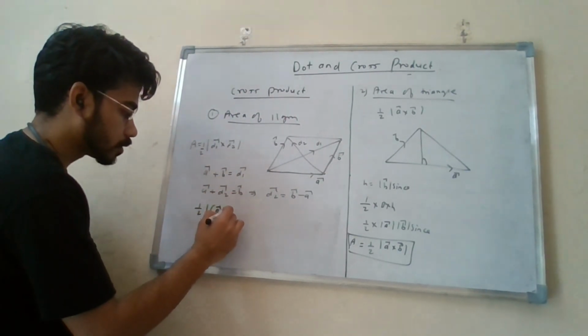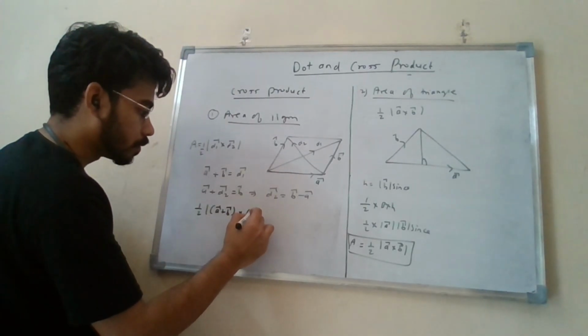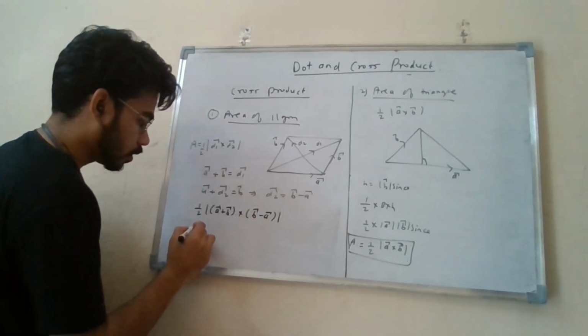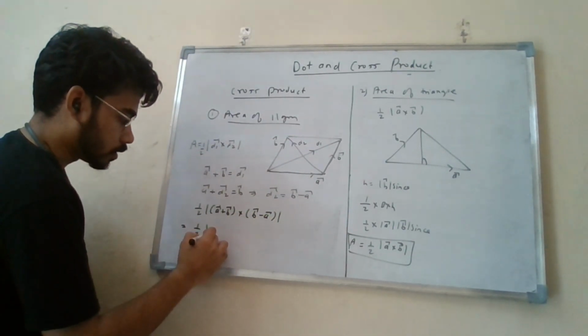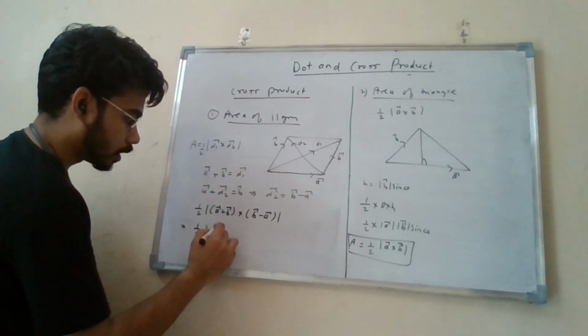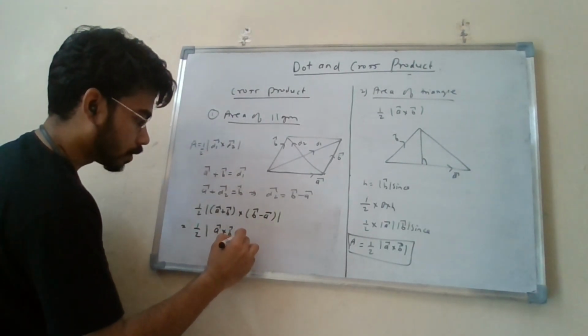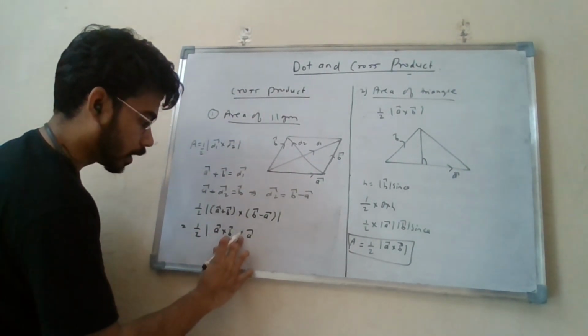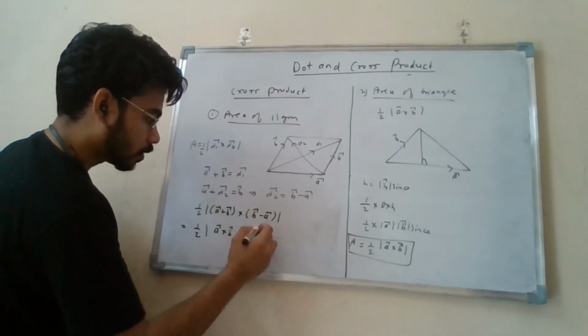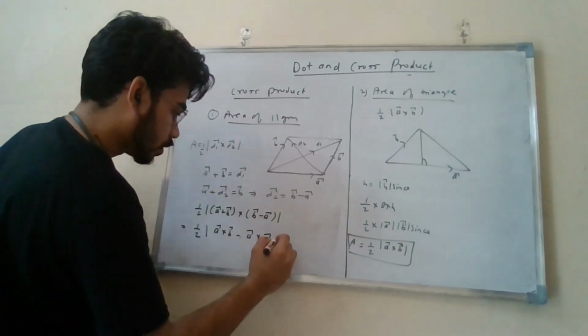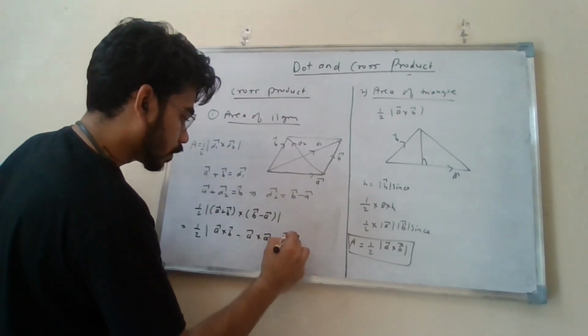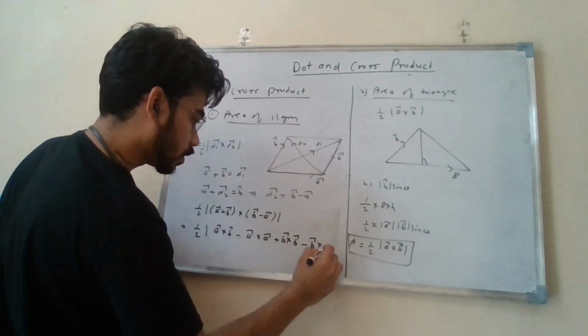A vector plus b vector, cross b vector minus a vector. Okay, so half. Just separate this bracket. We will get a vector cross b vector, plus a vector cross... sorry, here minus is there, minus a vector cross a vector, plus b vector cross b vector, minus b vector cross a vector.